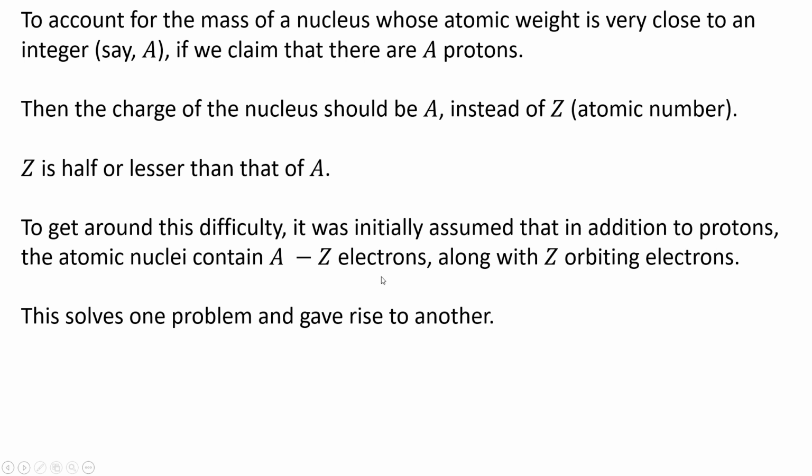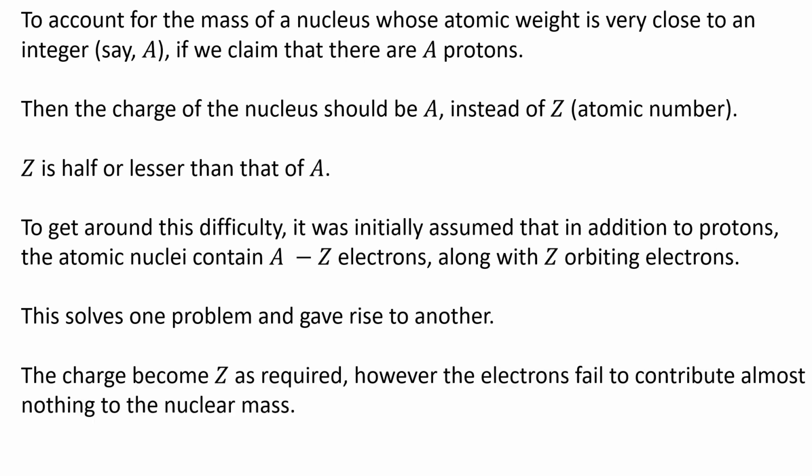So, that picture that the nucleus contains A protons and A minus Z electrons is difficult to reconcile in view of either experiments or back of the envelope calculations, or some other physical theories that prohibit such a picture from continuing. The charge of course becomes Z as required, but the electrons contribute almost nothing to the atomic mass.